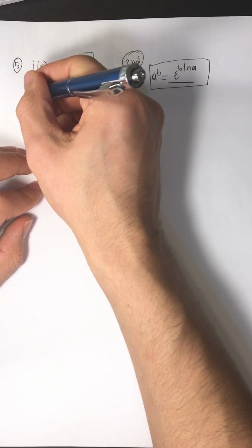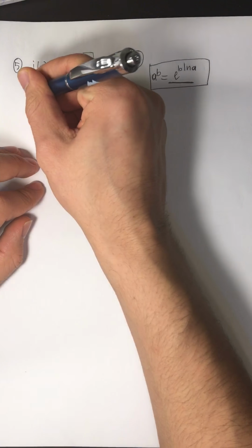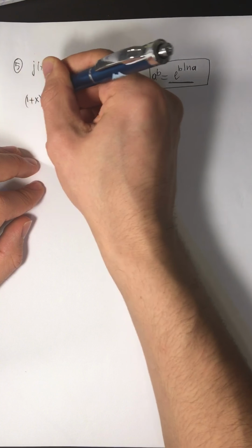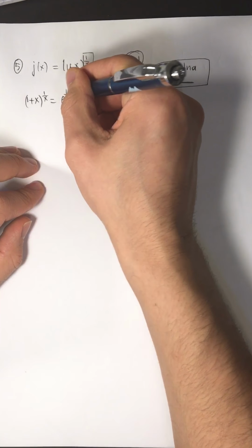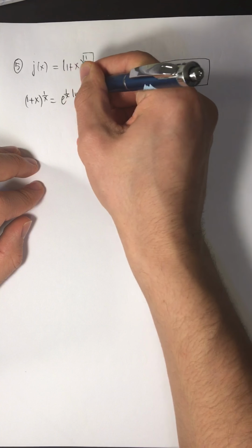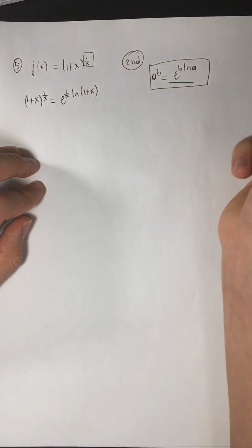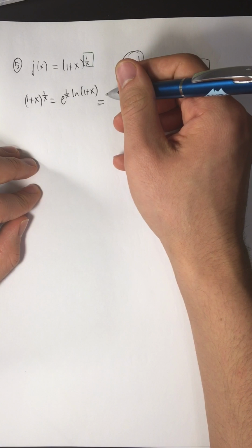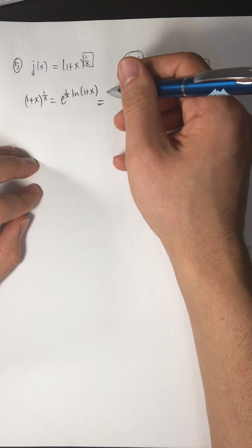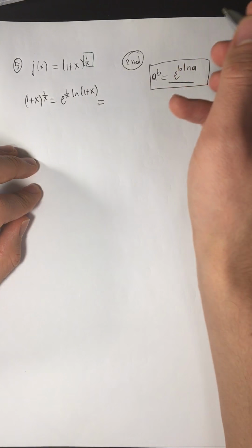Okay, so we have 1 plus x to the 1 over x. This is equal to, according to this formula, e to the 1 over x ln(1 plus x). Agreed? Okay, let's continue. And now, according to Taylor basic formula number, which one was it? Number 5.